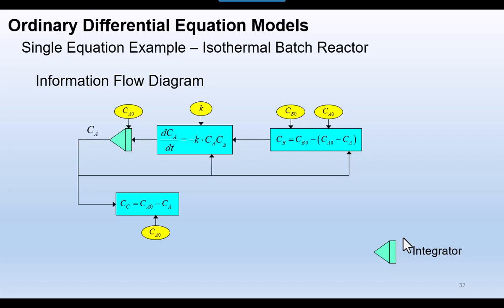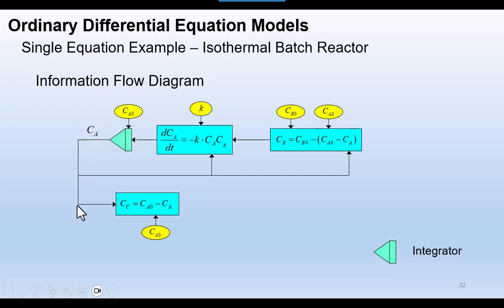Now, for this particular example, the information flow diagram is quite simple in that we have our differential equation, which requires a knowledge of K, and then we are able to solve that, in this case using a numerical method like the Euler method, to obtain values of the concentration of A.